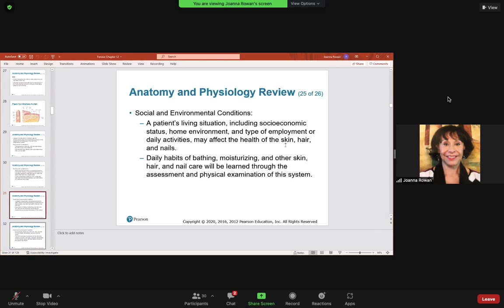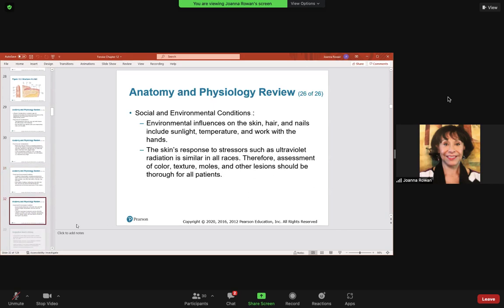People who work in the fields collecting produce, or construction workers, their skin is exposed, so of course that would be impacted. Hair and nails too, it depends on wherever they work. Daily habits of bathing, moisturizing, and other skin, hair, and nail care will be learned throughout the assessment or physical examination of this system.